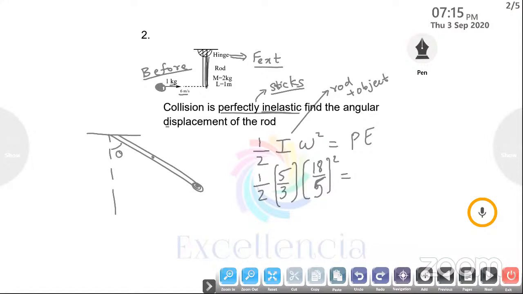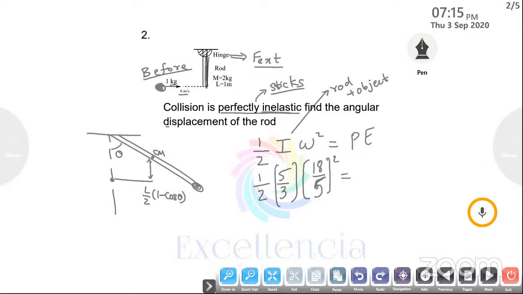The rod center of mass is here, right? So it rose up to a height of what? From here, it went here. What is this height? Can anyone tell me? It will be L by 2 minus L by 2 cos theta. So that rod went up here.